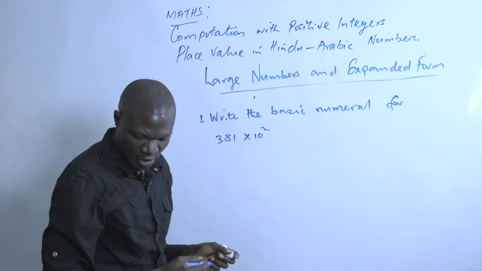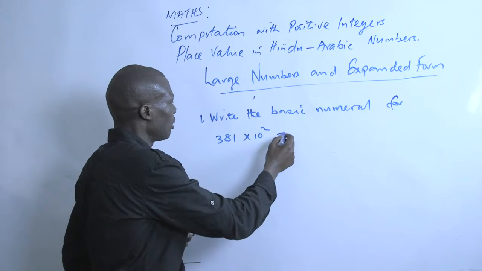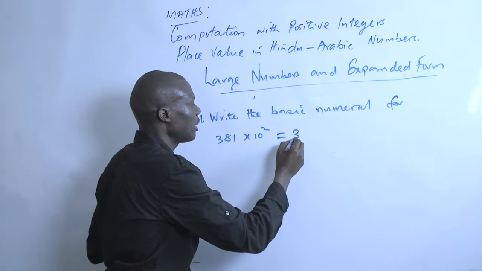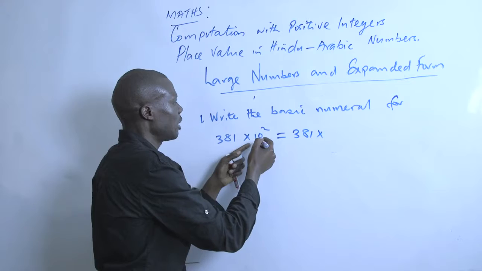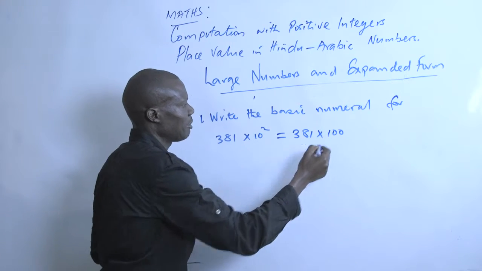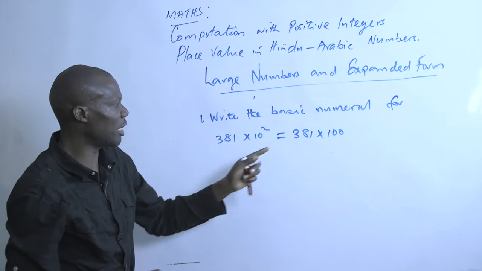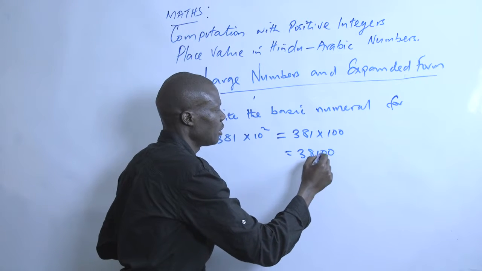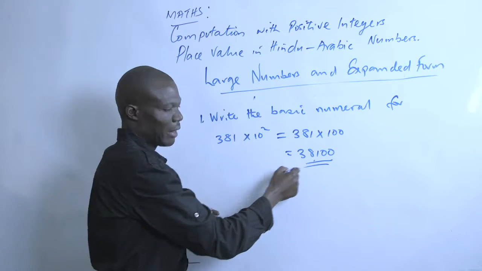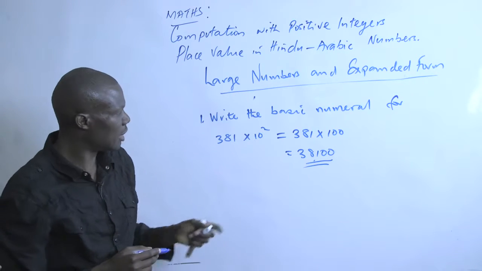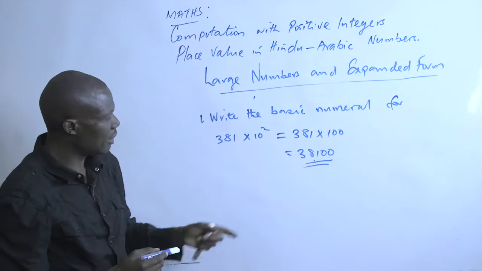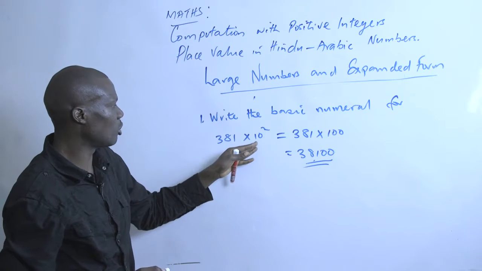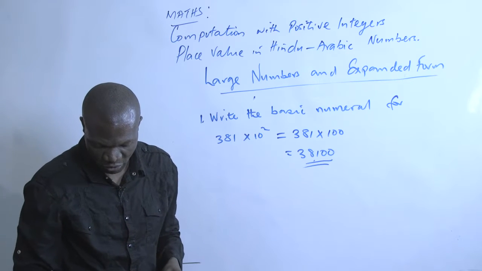So this will now mean that we expand this. 381 times 10 raised to power 2 is the same as 381 times 100. When you multiply this through, you'll find that it is 38,100. This one gives us the basic numeral of the index notation 381 multiplied by 10 raised to the power of 2.